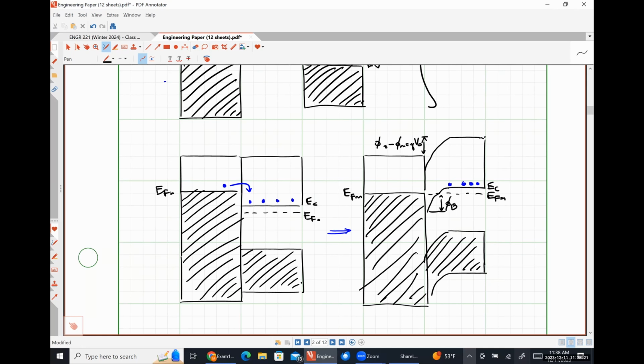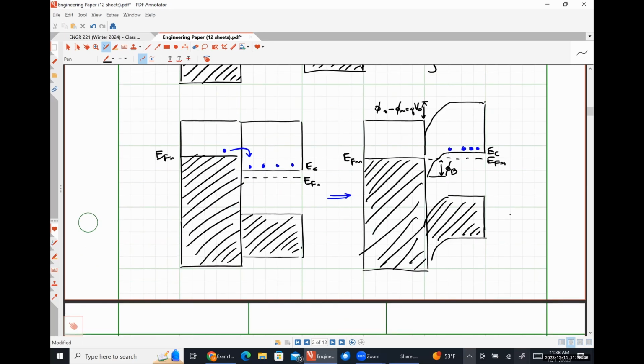Whereas if we were to reverse bias this thing, electrons in the metal would see lower energy states available in the semiconductor. So instead of having a one-way direction for current flow like we saw for a rectifying junction, we have a two-way direction for current flow, right? So we no longer have rectification, we have current able to flow in both directions, which we could quantify with a simple resistance.